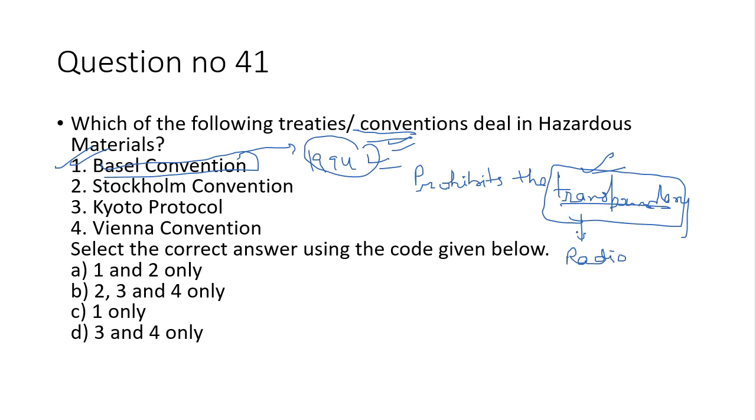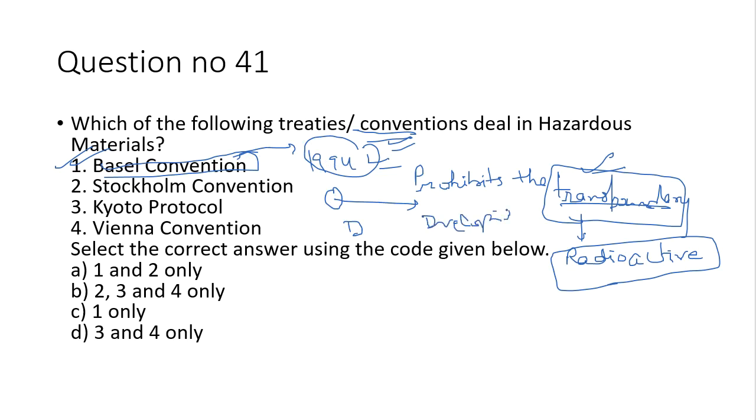So if any question is asked whether the Basel Convention also controls the movement of radioactive material, the answer would be no. This convention excludes radioactive materials, but it certainly controls the movement of other hazardous materials across borders, more particularly from developed nations to developing nations. So this one is correct.